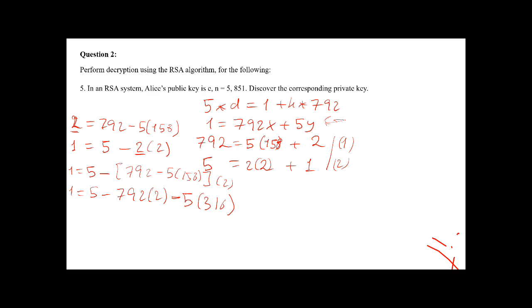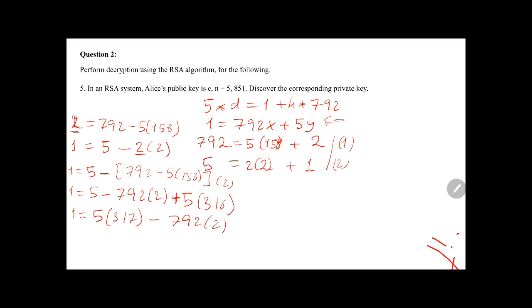So now we combine like terms. So we have 5 and 5. So it's 1 equal 5, remember, we forgot to do something. We have to multiply the sign here into the brackets. So it's 1 equals 5 minus 792 multiplied by 2 plus 316. So when we combine these, we have 5 multiplied by 317 minus 792 multiplied by 2.